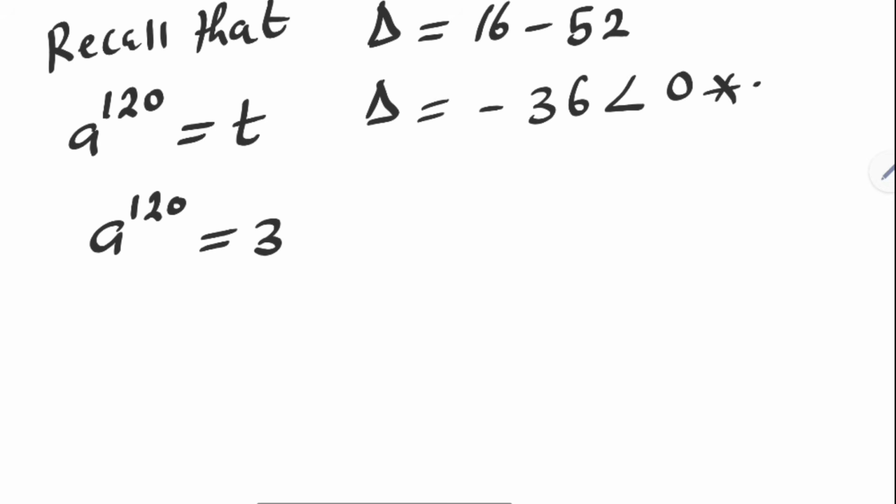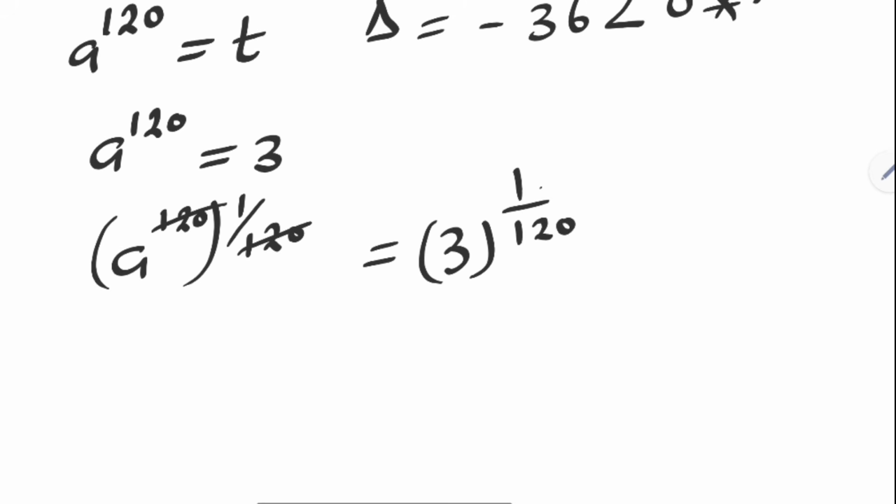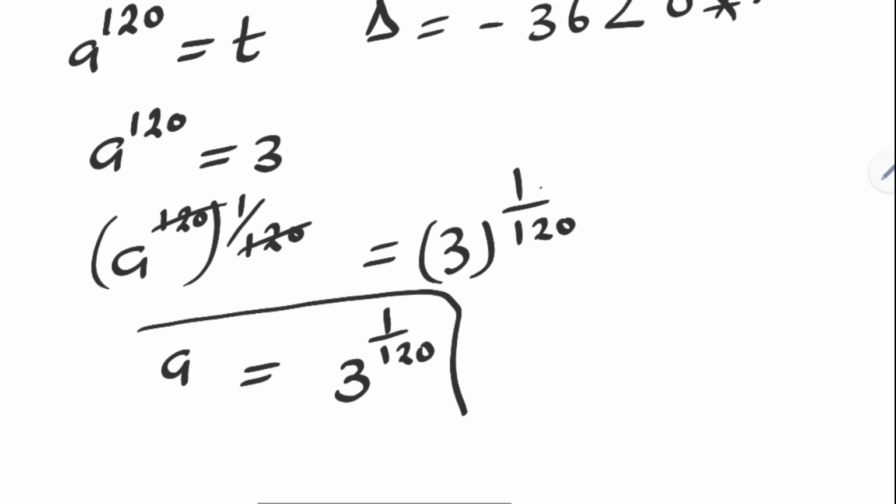Let us multiply the exponent of both sides of this equation by 1 over 120. a raised to power 120 to the power of 1 over 120 is equal to 3 raised to power 1 over 120. This cancels this. a is equal to 3 raised to power 1 over 120. And this is the final answer.